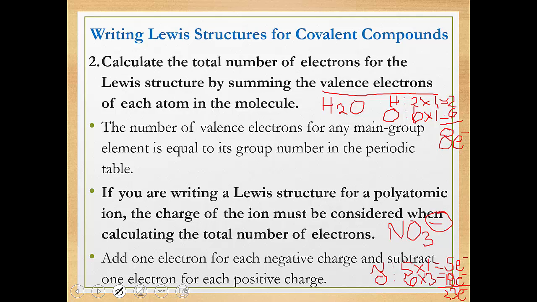If I have a negative charge, that represents an electron. That means I add 1 electron. So now I have a total of 24 electrons. If it were a positive charge, if I had ammonium, I would subtract 1 electron for each positive. So in this case, the number of valence electrons in NO3 is 24.